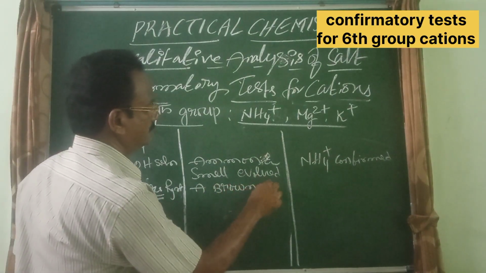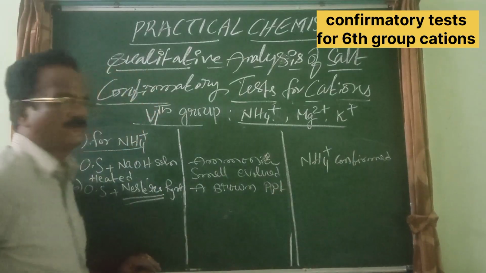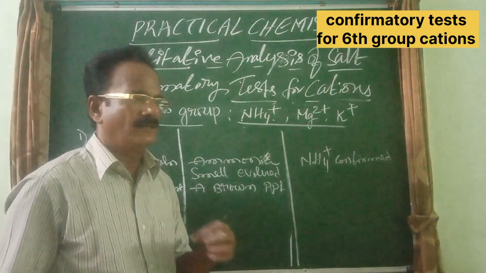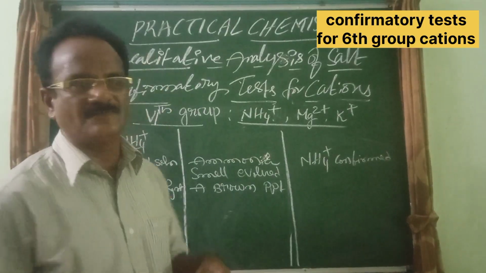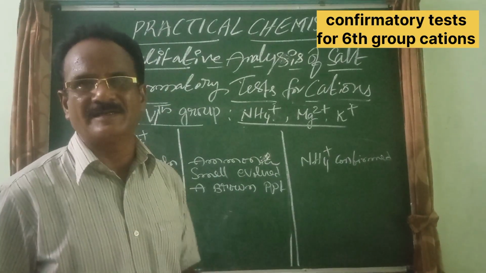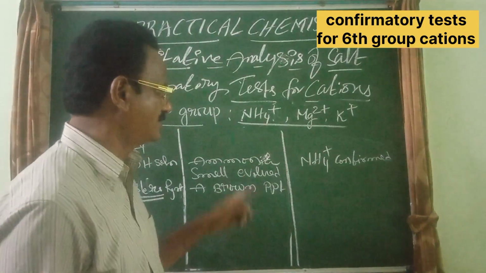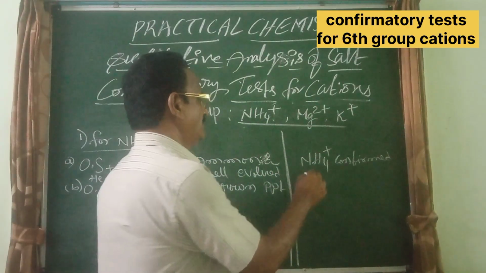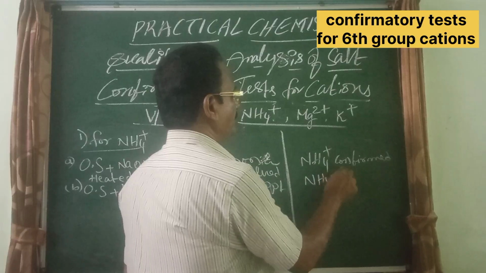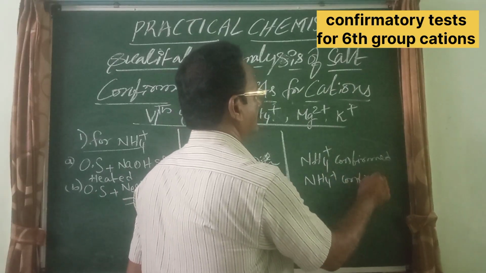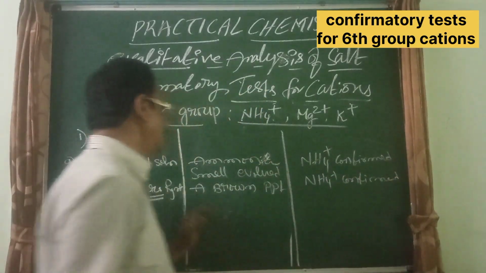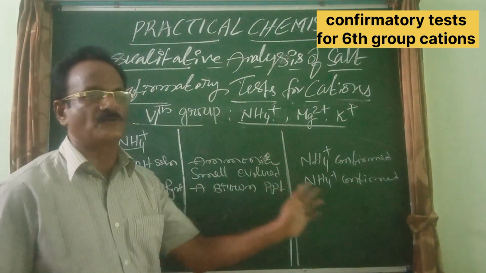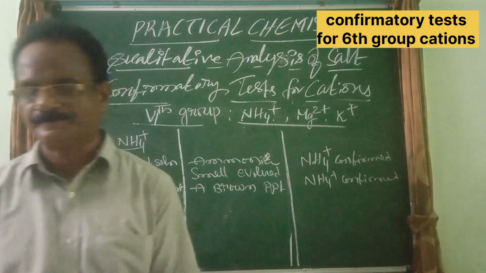But it is not to be considered a perfect test, as Nessler's reagent may be contaminated in many cases. So the first test is to be considered the confirmation test. If a brown precipitate is formed with Nessler's reagent, NH4+ is confirmed.